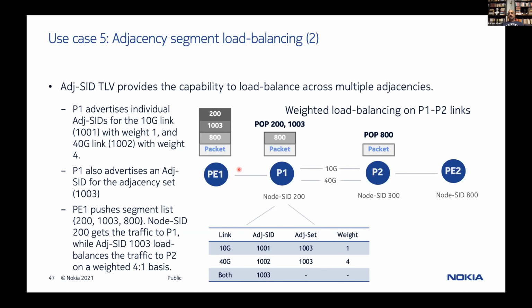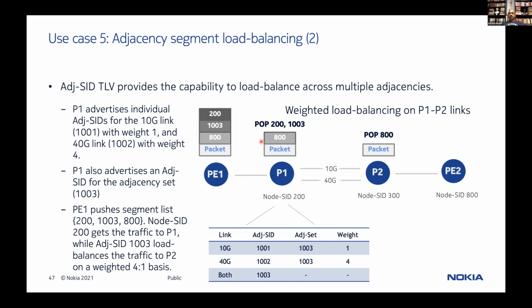In the previous example, it would just put a SID of 800, a label stack of just 1. But in this example, it's putting a label of 200, which is the SID for P1, and then it's putting a label for the adjacency set SID, the 1003.